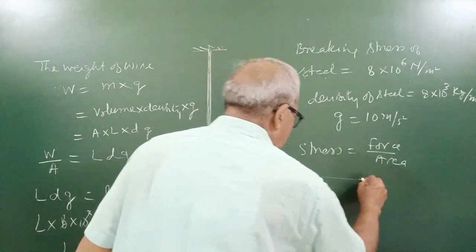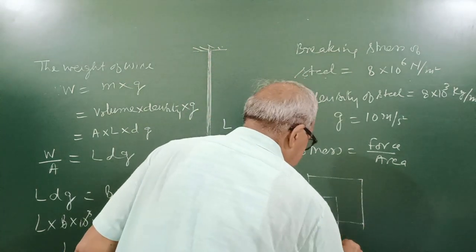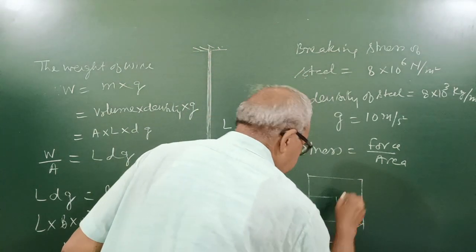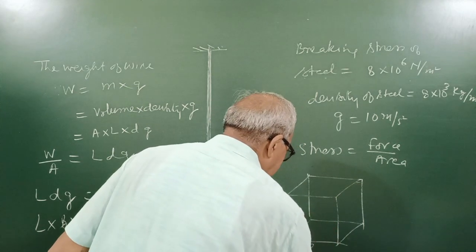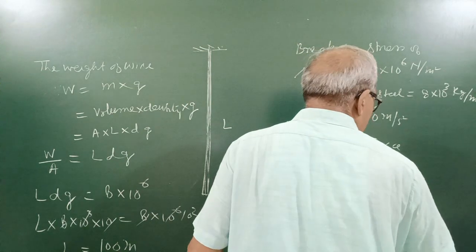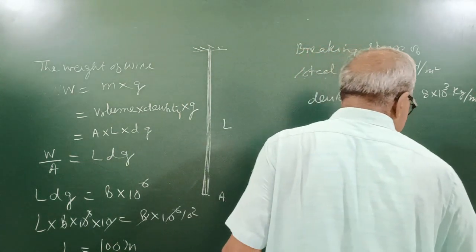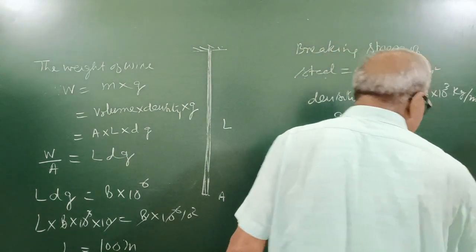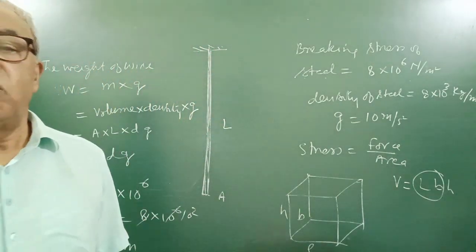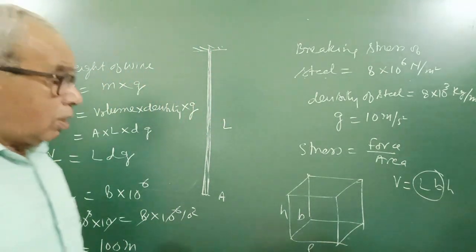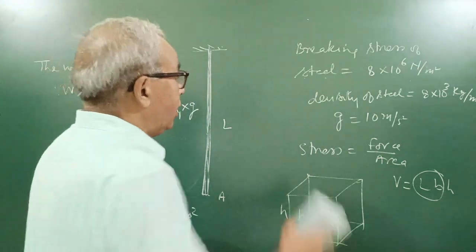If it is a room here, and length, breadth, height are there, the volume of this is L, B, H, you do always from class 6. L into B is the area. To make in brain general formula to find out volume, length, area of base into height.